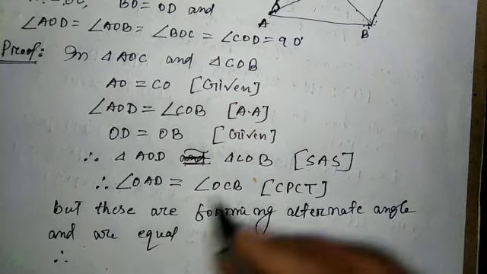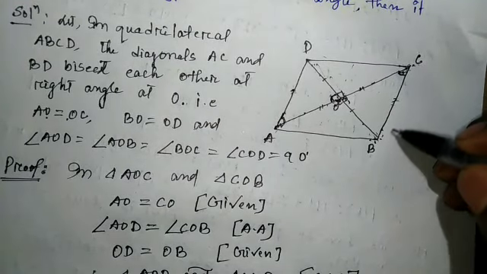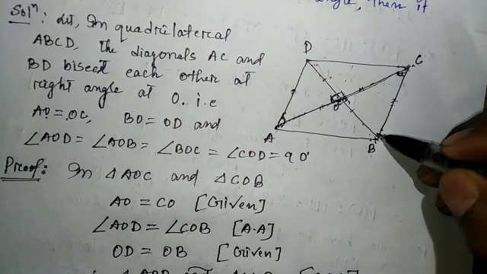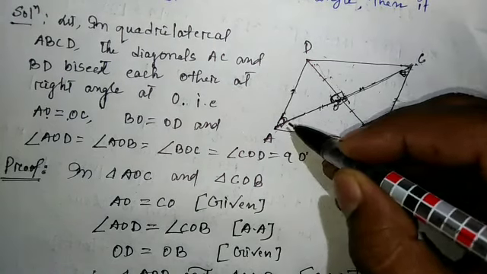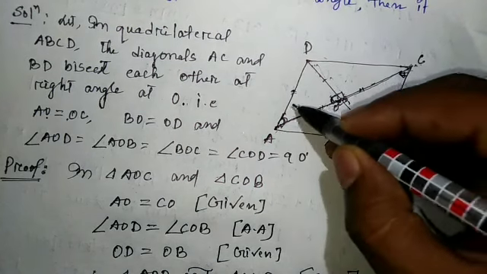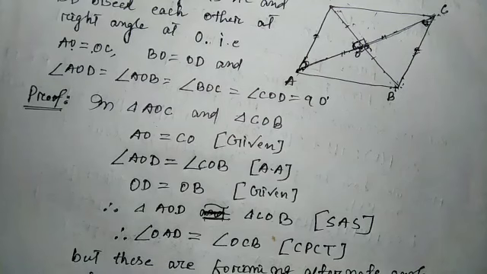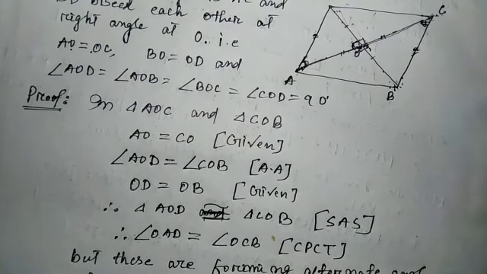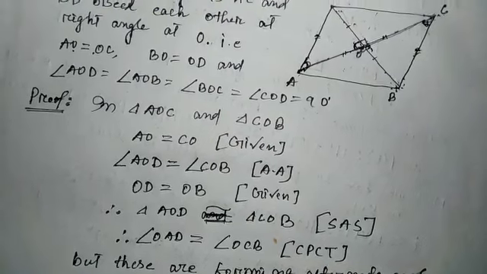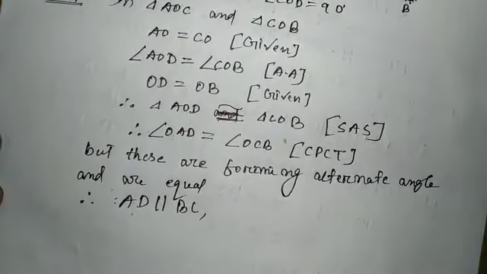Therefore what can we write? We can write AD is parallel to BC. Here AC becomes a transversal. So these two are congruent alternate angles, and therefore these two sides are parallel. Therefore AD is parallel to BC. Similarly, we can prove AB is parallel to DC.